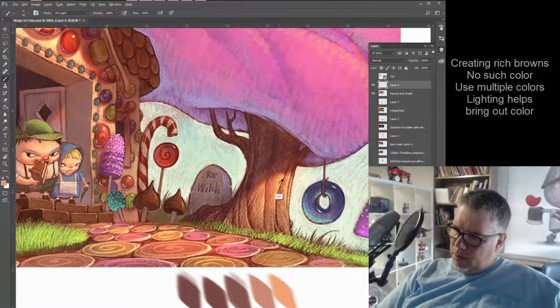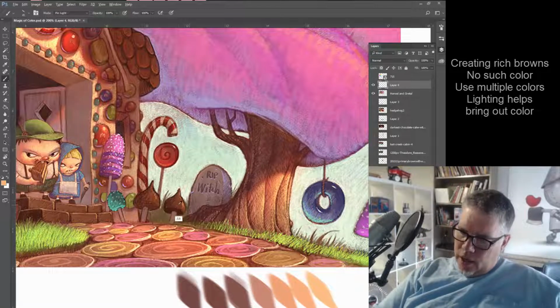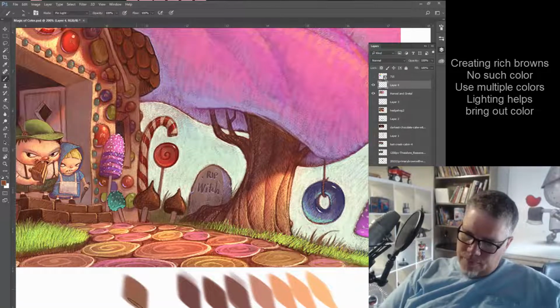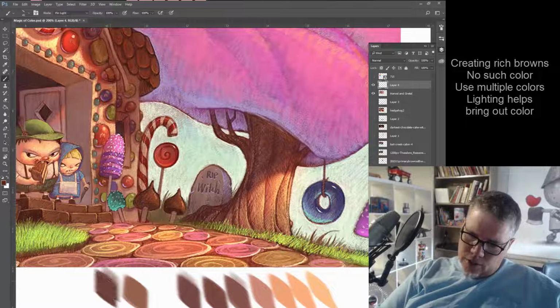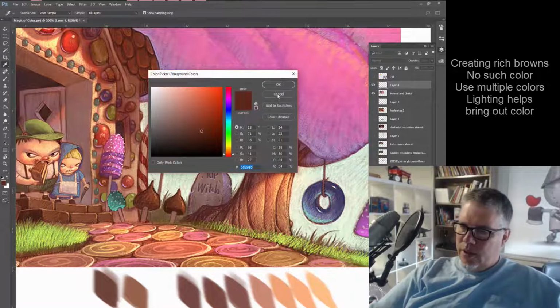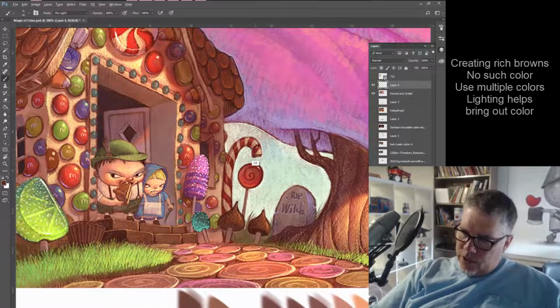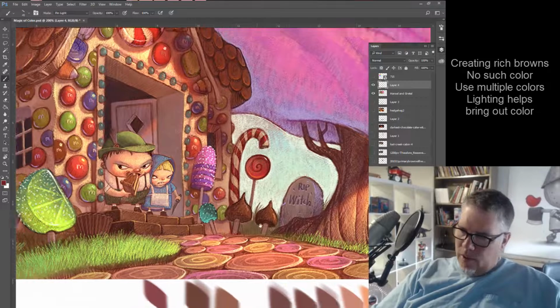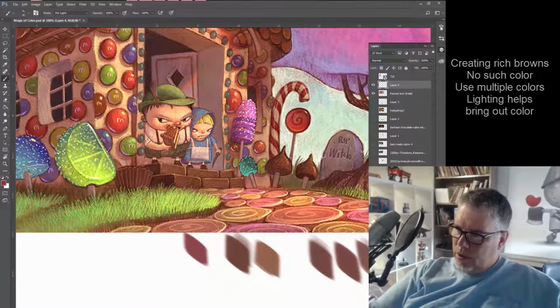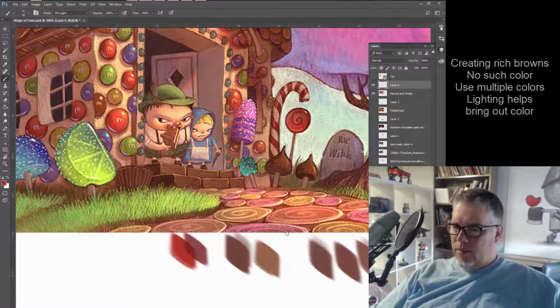So sometimes people will say to me, "Man, I really love your color. How do you get such rich color?" I'm using really dull colors. Those colors are not exciting colors. They're highly neutralized and darkened. It's the colors that they warm to, and when you pair those together, that look good.